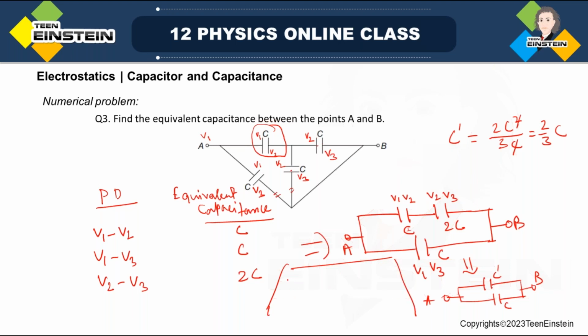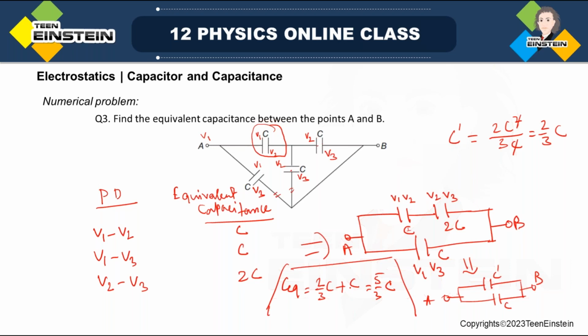C equivalent is equal to, in parallel, right? So 2 by 3 C plus C. So this will give you 5 by 3 C. So this is the equivalent capacitance.